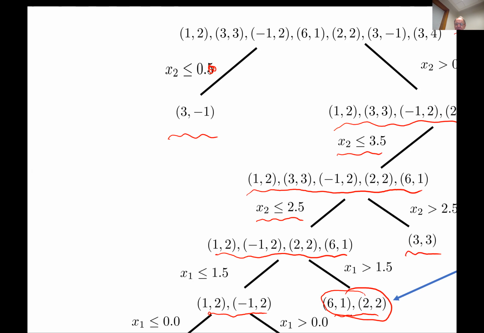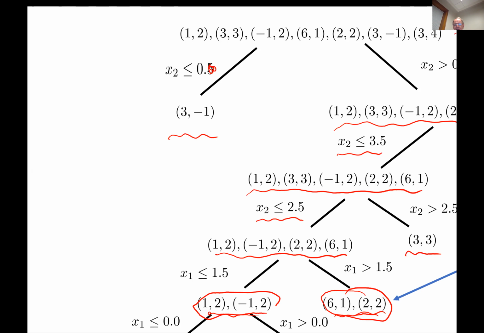That means we have constructed a pure node. This one is still not pure, since one point has category 0 and one has category 1. If you split it at x1 equal to 0.0, then we split it into two pure nodes. So that's how it works.